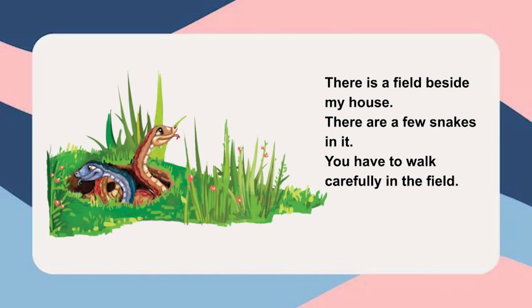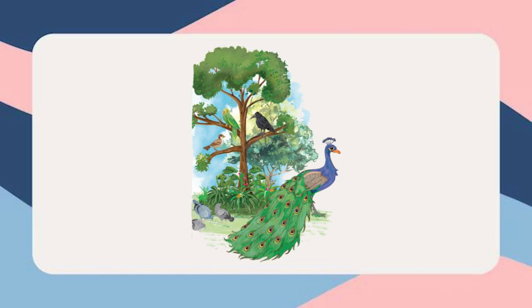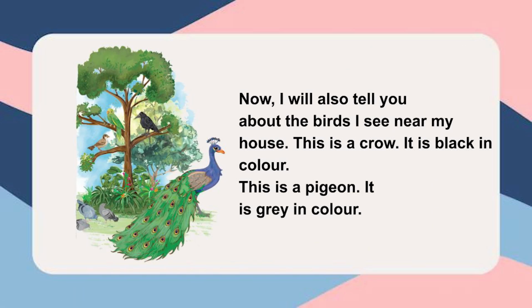There is a field beside my house. There are a few snakes in it. You have to walk carefully in the field. As you can see in the picture, there is a peacock and some other birds. So Jagu further says about them, now I will also tell you about the birds I see near my house.